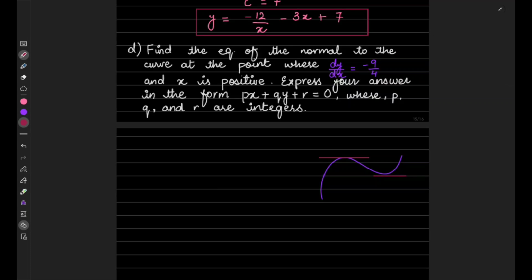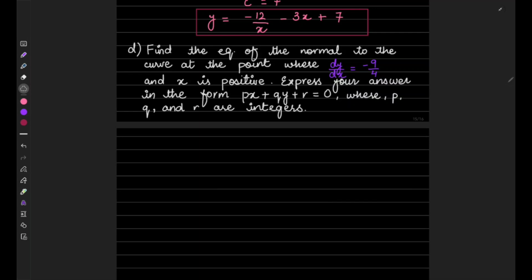But if they are talking about any other point, your derivative, meaning the gradient of the tangent, is minus 9 over 4. So at that point, you need to find the equation of the normal to that tangent. So let's break this out and see how we can find this.